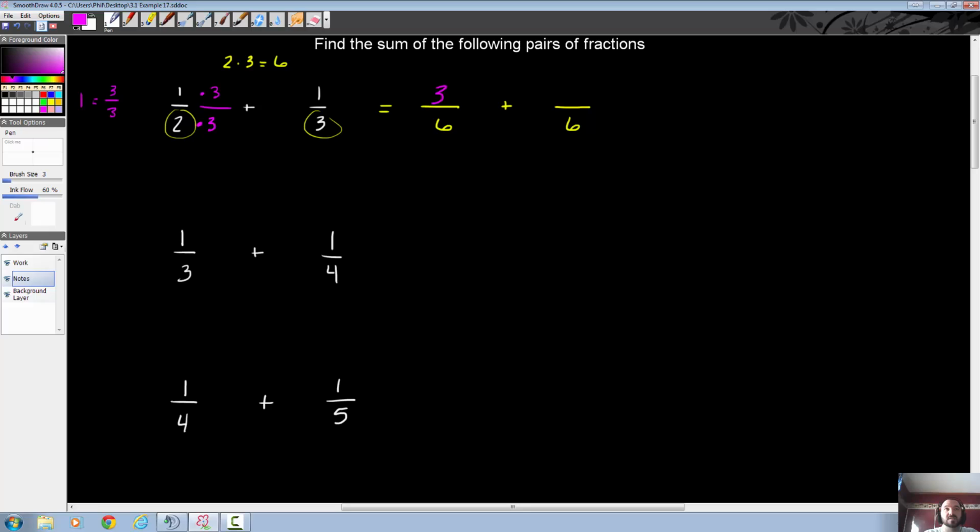So we have 3/6. Over here on the 1/3, how did I get from 3 to 6 multiplying? I multiplied by 2. So I have to do that both top and bottom. It gives me a 2 here. Now that I have common denominators, the distributive property comes into play.